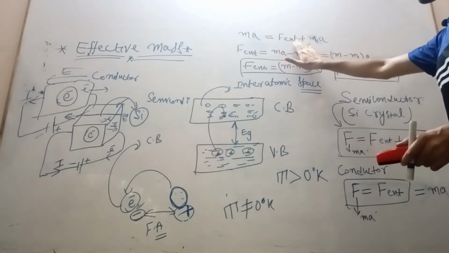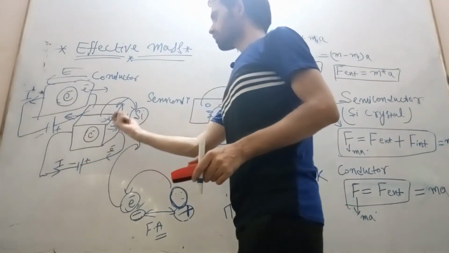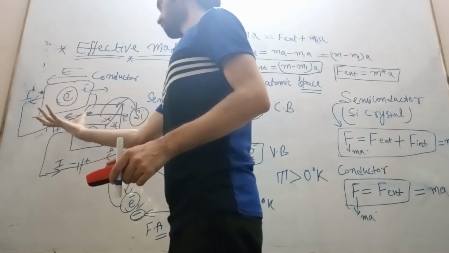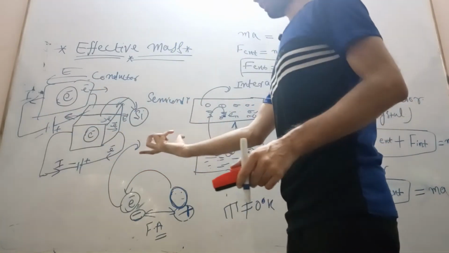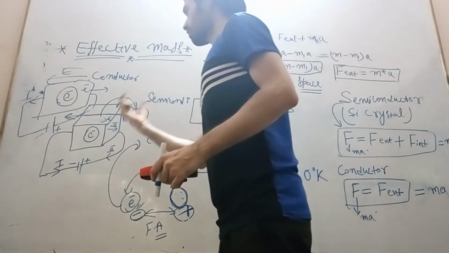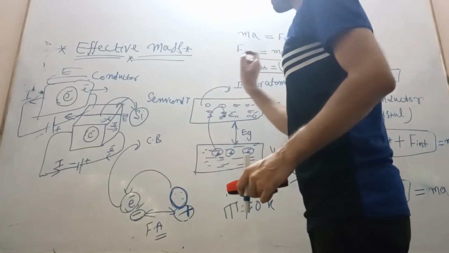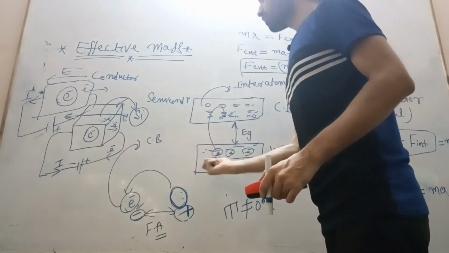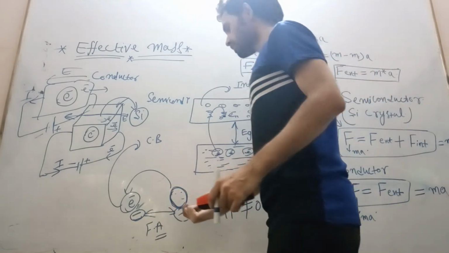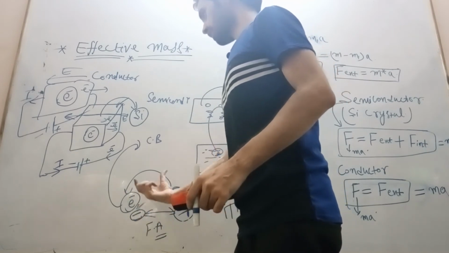Why? Because in general, the electron inside the crystal has different movement compared to the electron present in free space, or inside a perfect conductor. In addition to the external force, there exists an internal force, which is the electrostatic force of attraction due to the positively charged ion, like a proton, and the negatively charged electron.